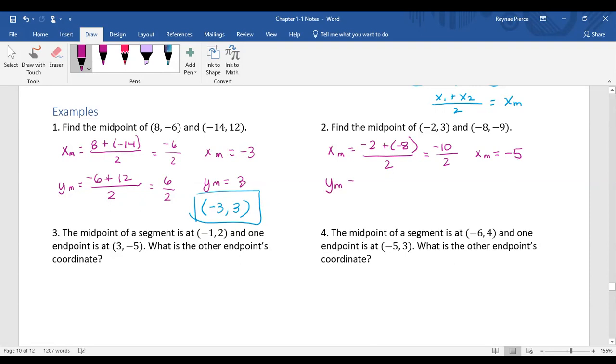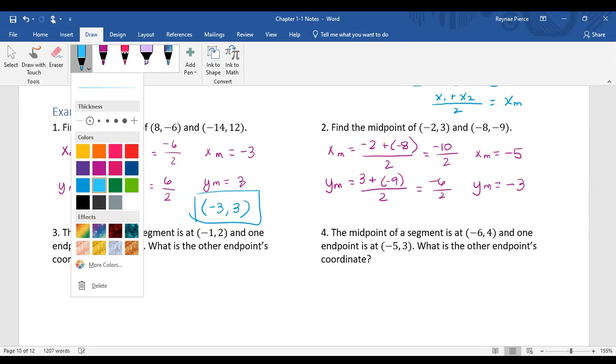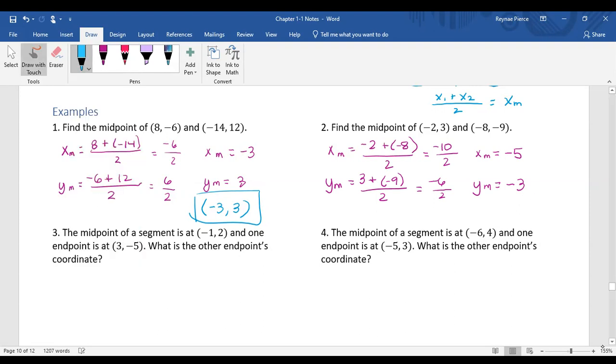Y coordinate of my midpoint, we are going to add the y coordinates of my endpoints. 3 plus a negative 9 is negative 6. Divided by 2 is a negative 3. So the midpoint of the line segment connecting these 2 points is at negative 5, negative 3.